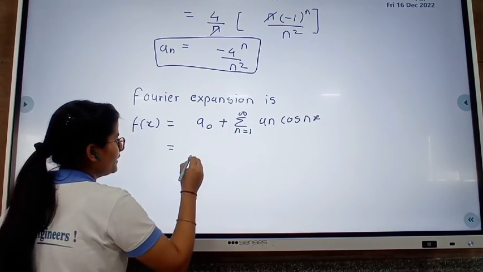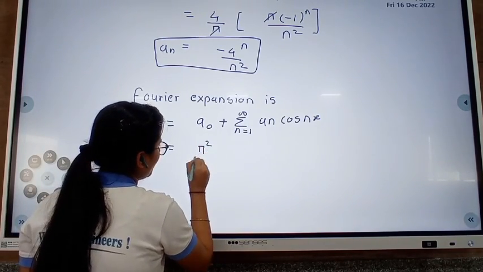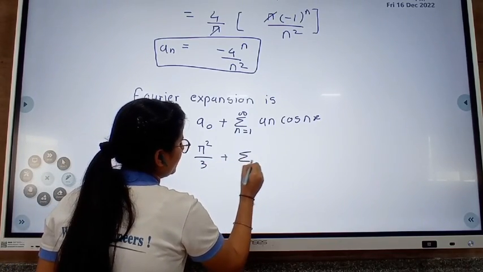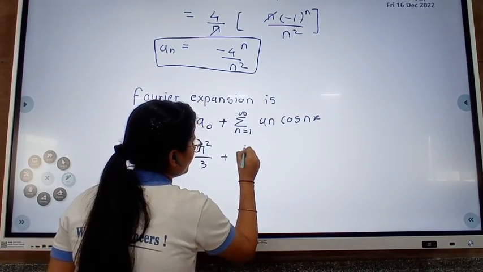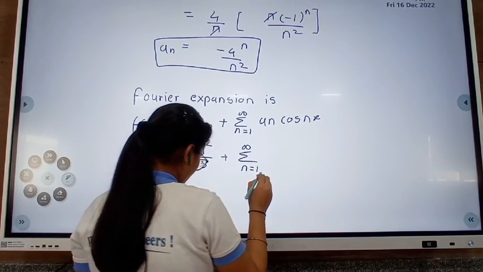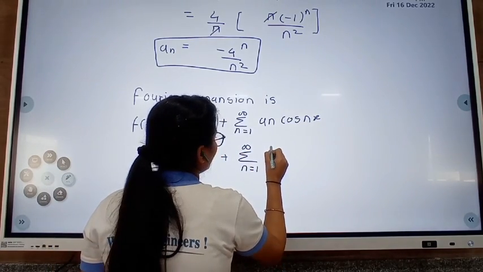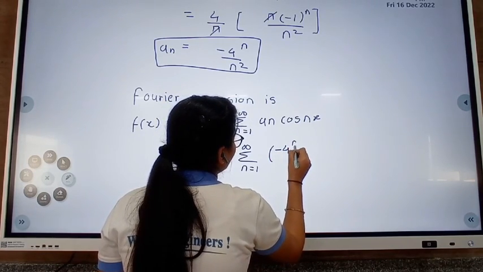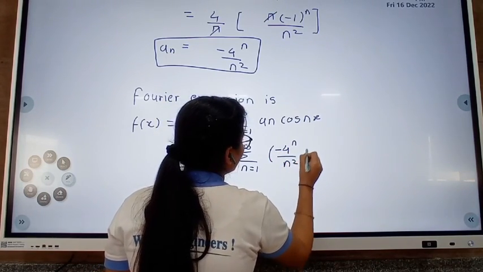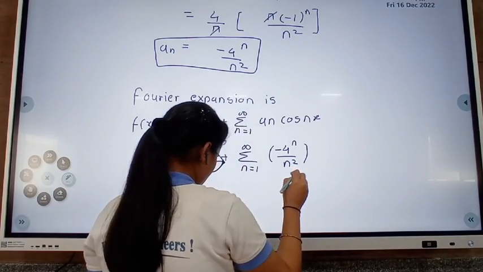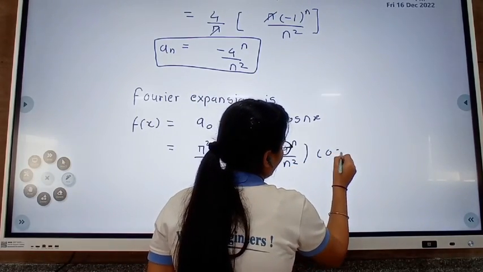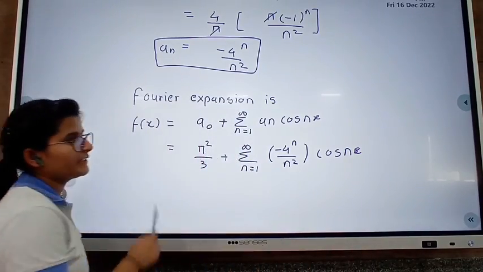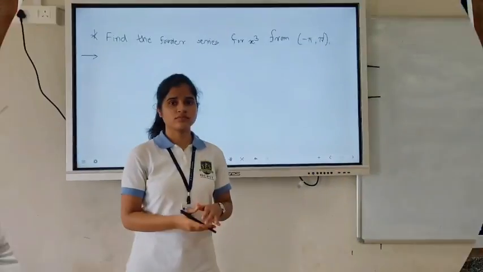The value of a naught is pi square upon 3, plus summation n = 1 to infinity of the value of an, minus 4 upon n square, cos nx. So this is the Fourier expansion for the given function.